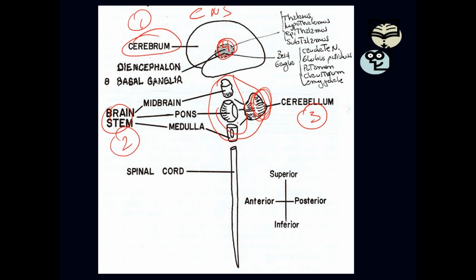Okay, so just remember which is the brain. The brain is all this. Brain and spinal cord all together form the central nervous system.